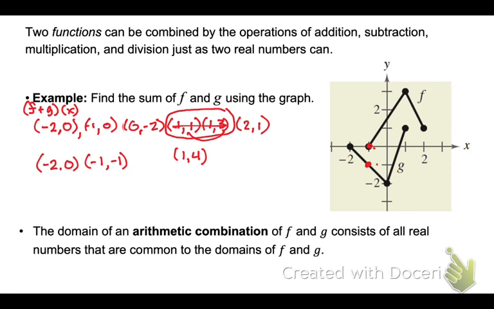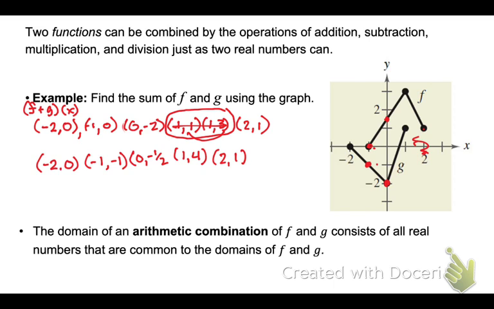And then at 0, I'm down at -2 here, but I'm up at 1.5 there. So that would be 0, -1/2. Up 1/2, down 2 would be -1/2. And then at 2, we would just be 2, 1, because is there anything for g over here?